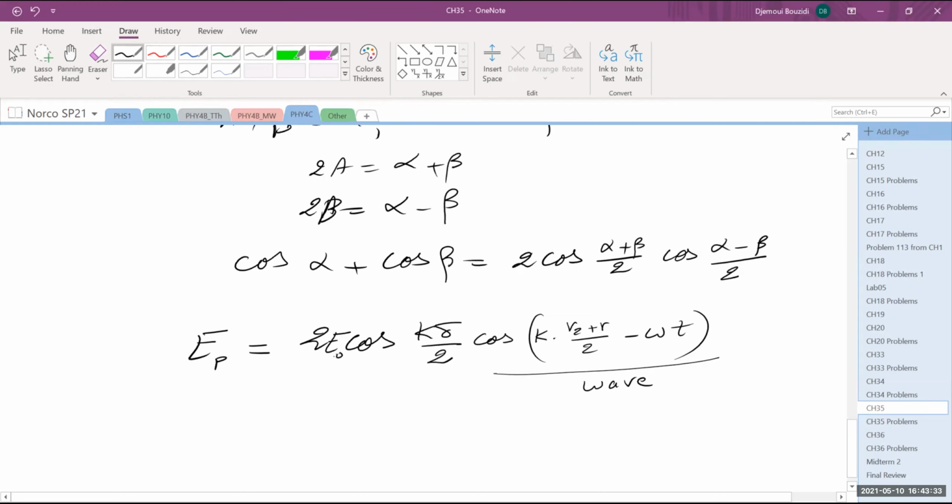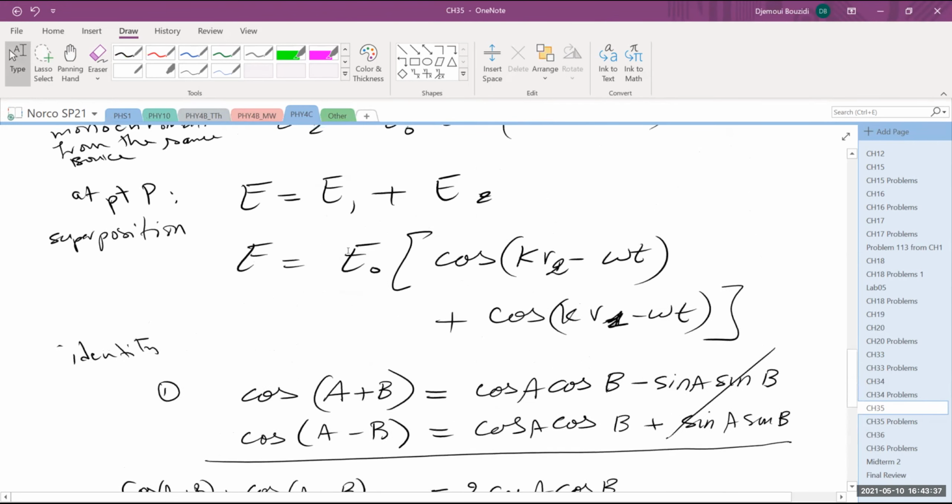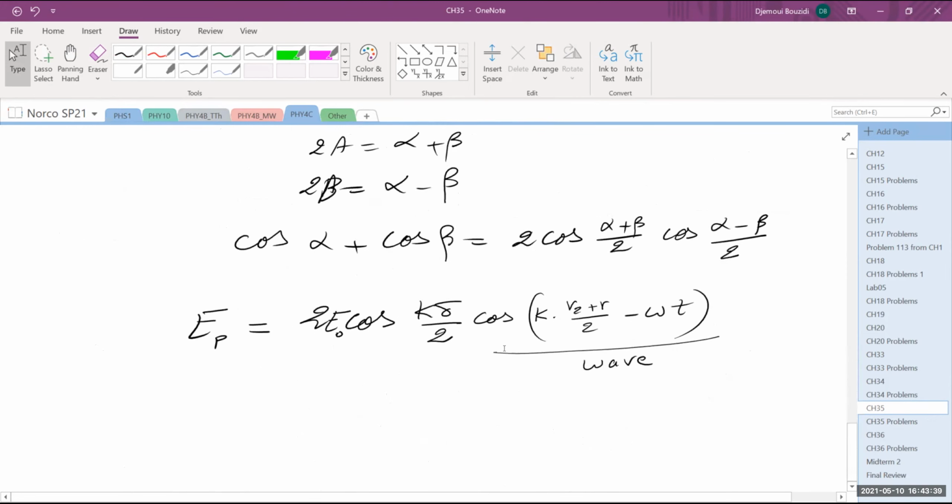I'm sorry, I forgot the E naught in here, because we had an E naught multiplying everything here. But the intensity of this one is the one that depends on delta. K is constant, it depends on delta.